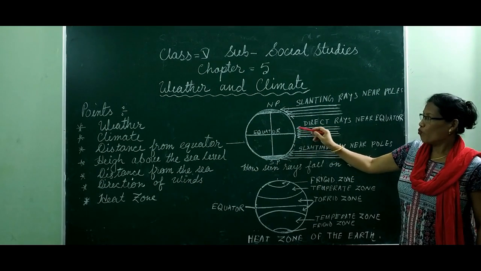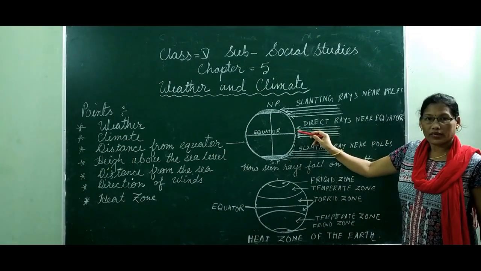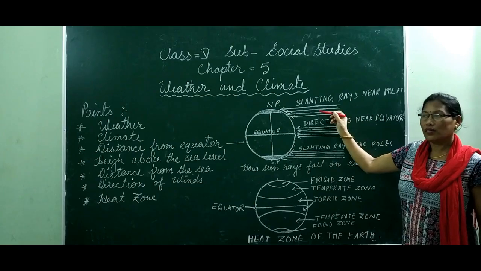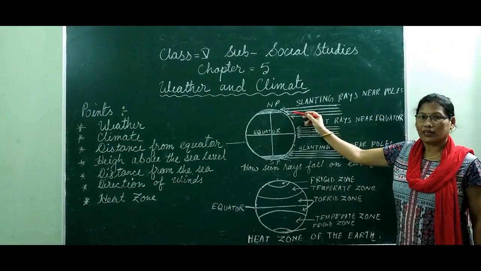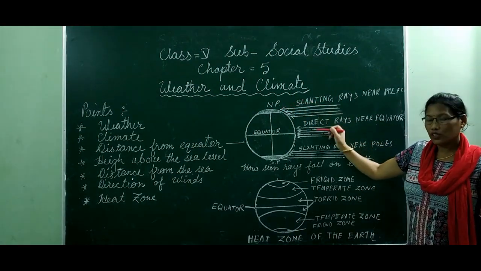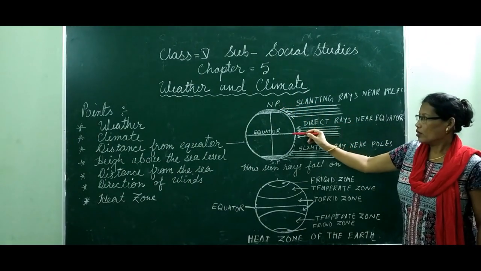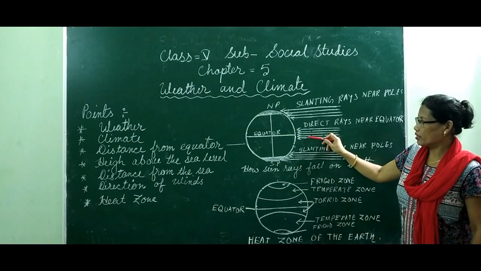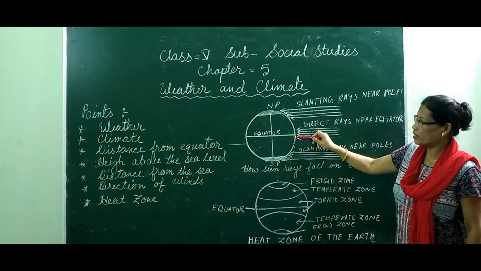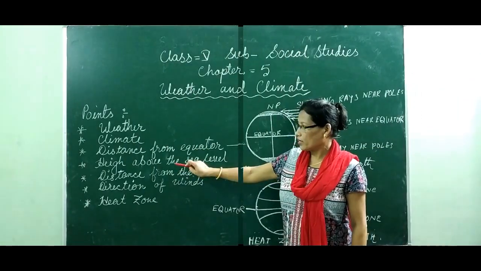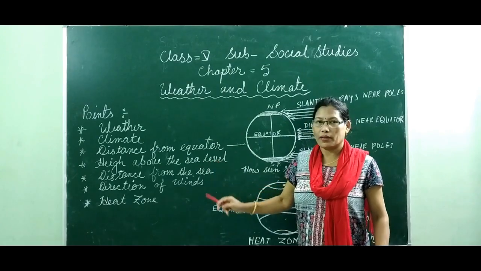And when we move away from the equator towards the poles, the rays of the sun fall slanting and spread over a larger area. That is why places near the equator receive more heat than those near the North Pole and South Pole.